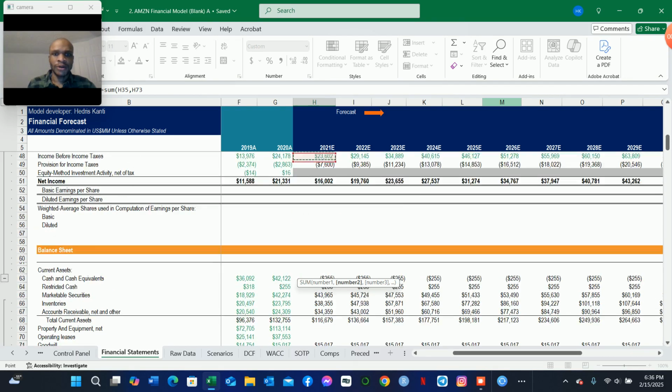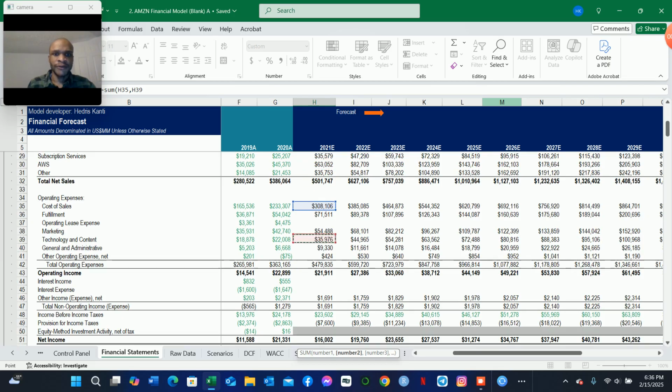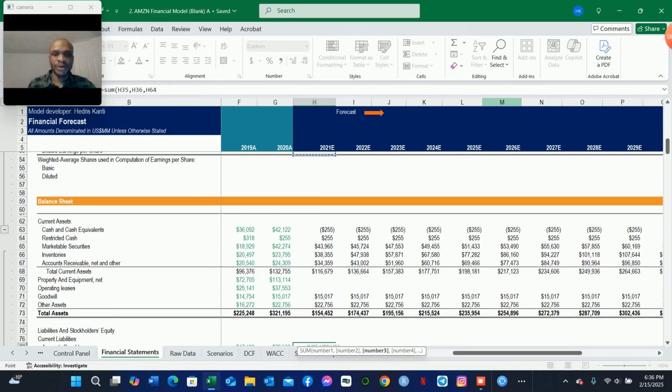We also include other line items such as fulfillment, the process of shipping those items. We believe that may meet payable terms on those.